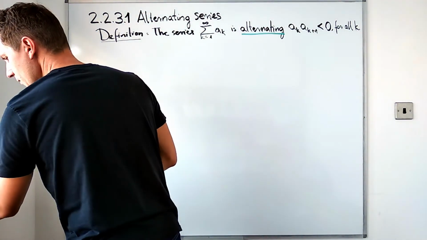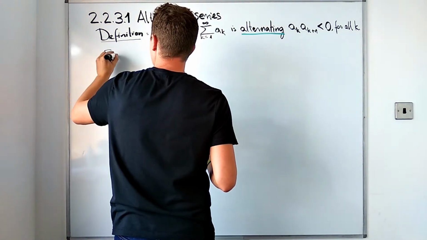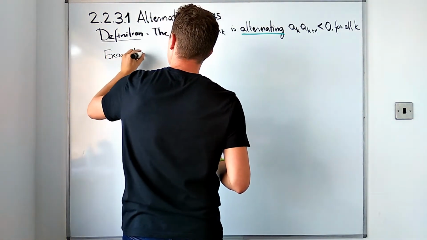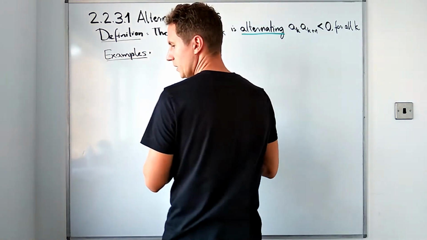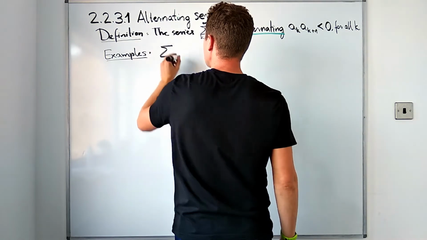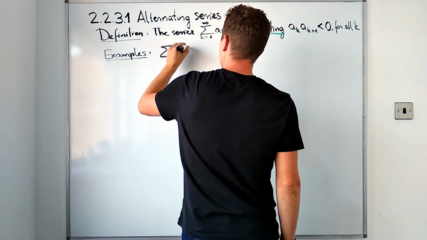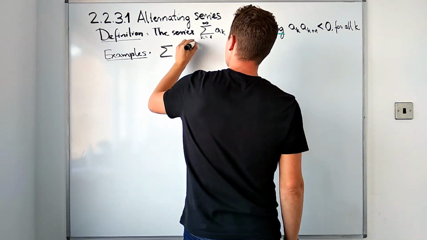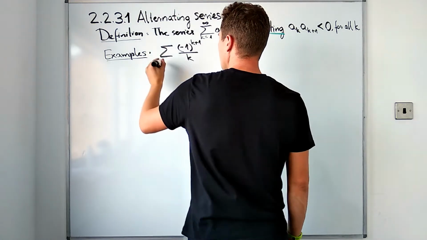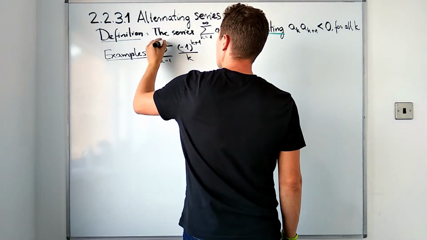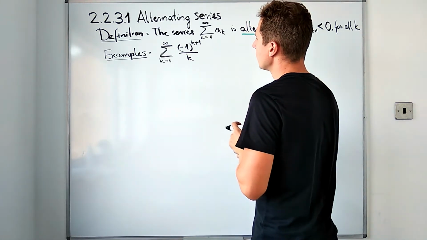Okay, so the new term here is this term of an alternating series. Let's see some examples of alternating series. One of them could be the series that you get by taking the harmonic series, the sum of 1 over k, and changing the signs with even k to negative.